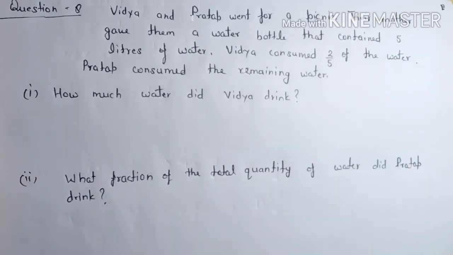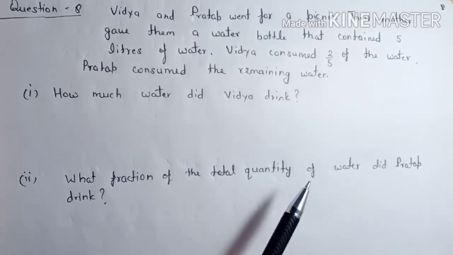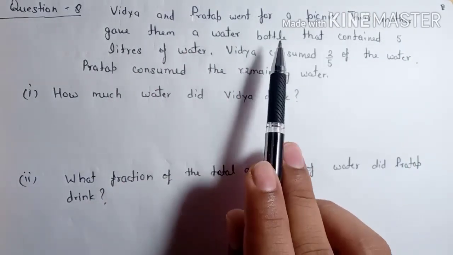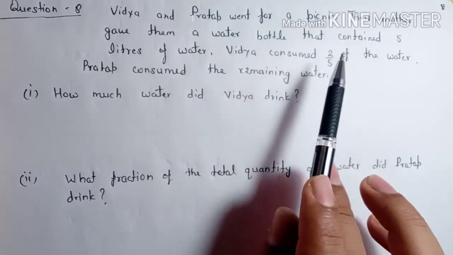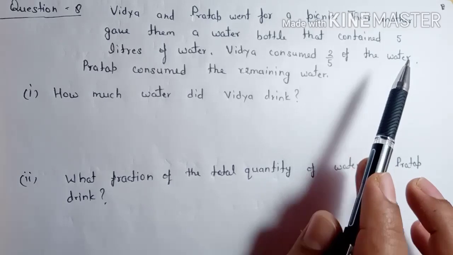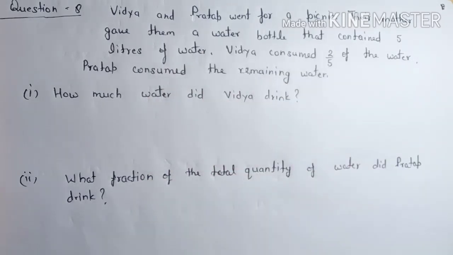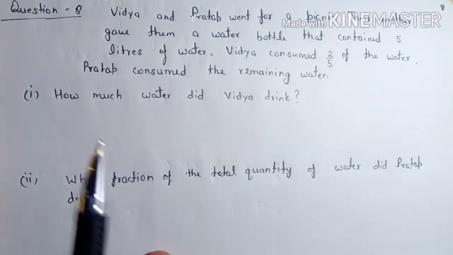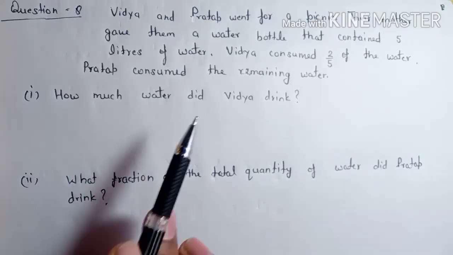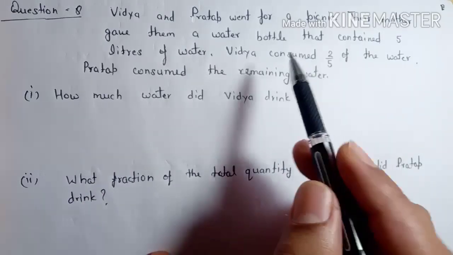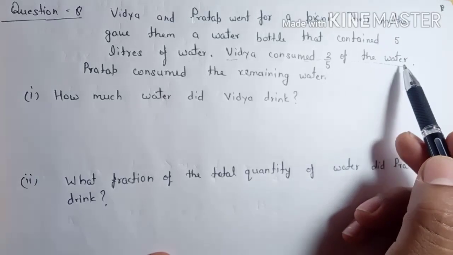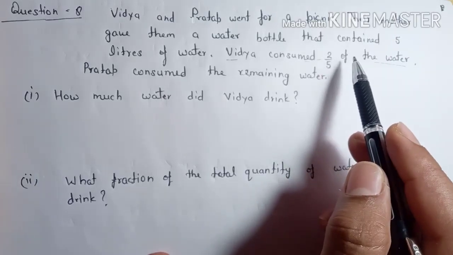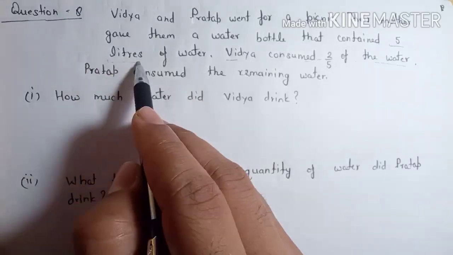We have question number 8. Do read the question. It is said, Vidya and Pradeep went for a picnic and their mother gave them a water bottle that contains 5 liters of water. Vidya consumed 2 upon 5 of the water. Pratap consumed the remaining water. Now first part of the question is, how much water did Vidya drink? And it is said that Vidya consumed 2 upon 5 of the water, and the total water quantity is 5 liters.